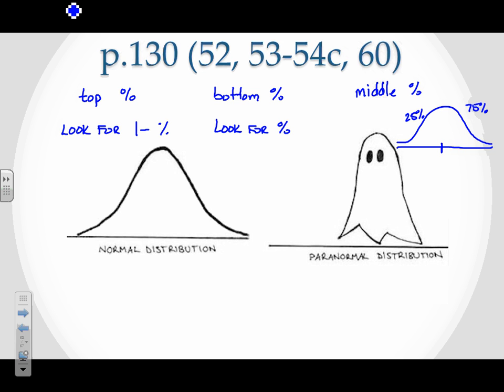Now, a hint or a trick with this type of problem. If you look up 75%, so everyone look up 75% here, just real quick, more practice. Find the closest value to 75% that you can on the table.